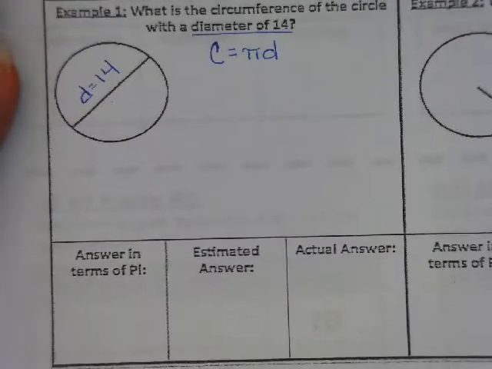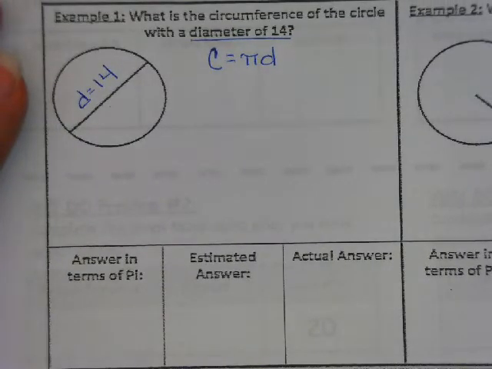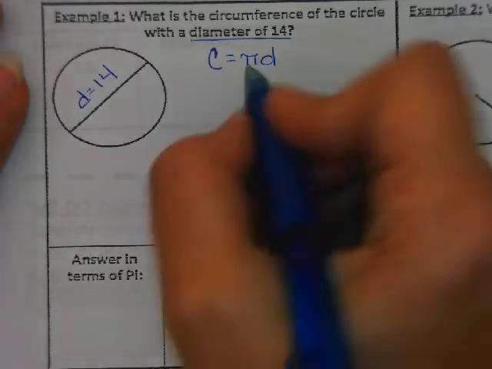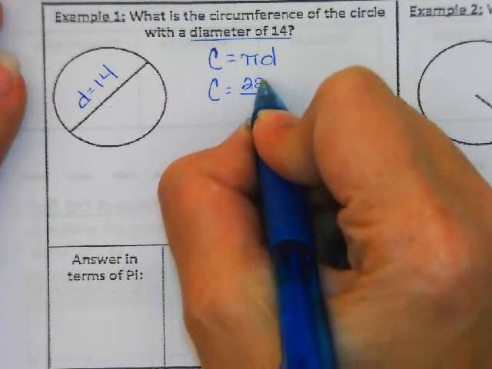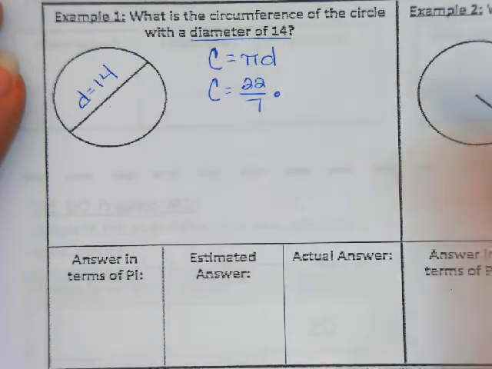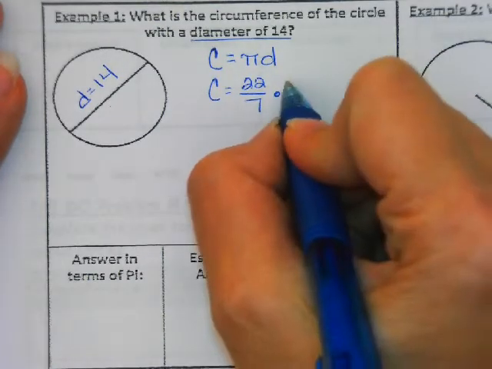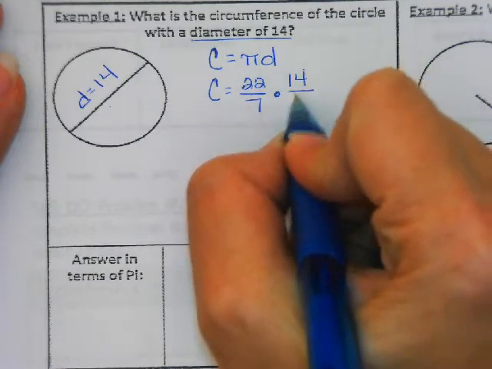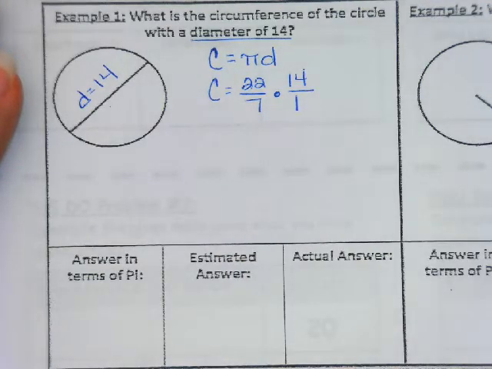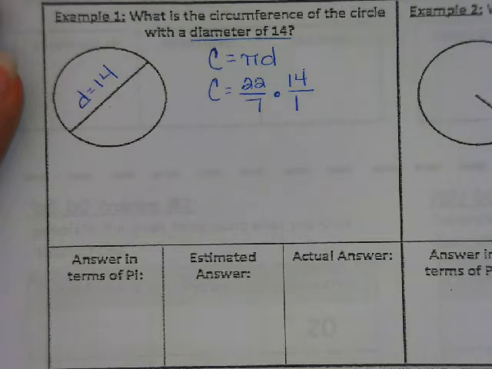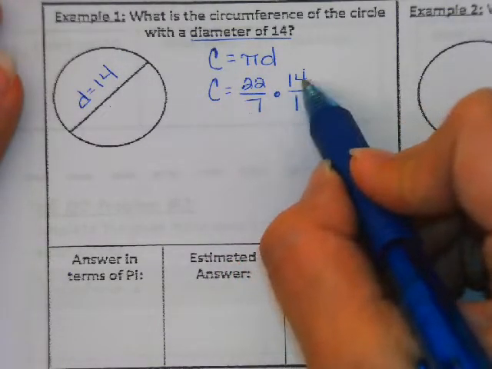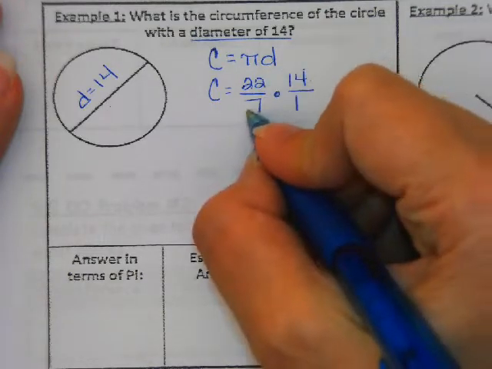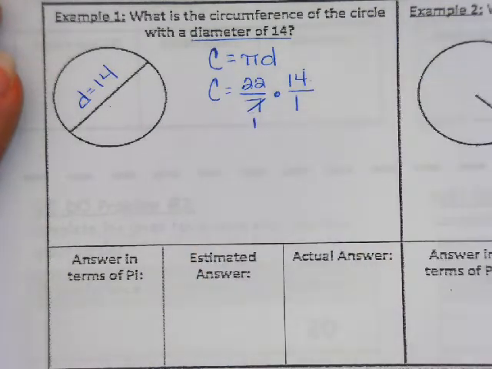Look at 14 here. Is that a multiple of 7? Yeah. So are we using 3.14 or are we going to use 22 over 7? Watch how pretty this looks. C equals 22 over 7 times, what was my diameter? 14. I can make that a fraction by putting it over 1. Look how nice this is. Look at your diagonal. Can we cross reduce here? How many 7s are in 7? 1.